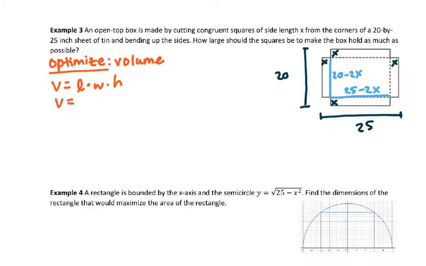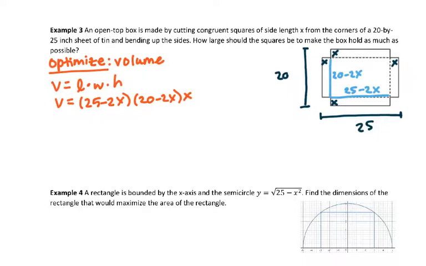So the length, I usually say it's the longest, so 25 minus 2x. The width would be 20 minus 2x. And then of course the height is simply x.